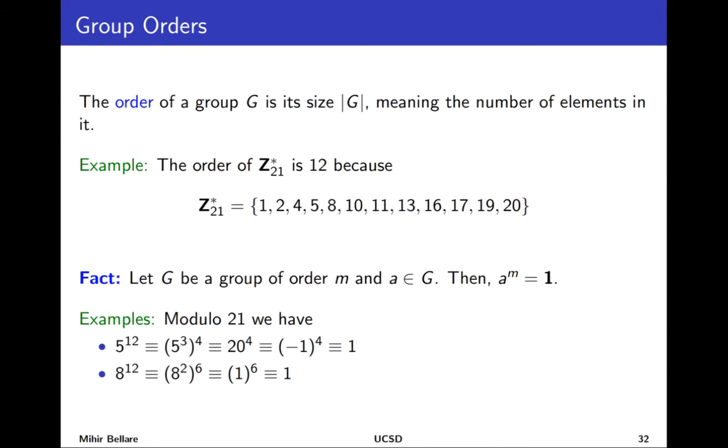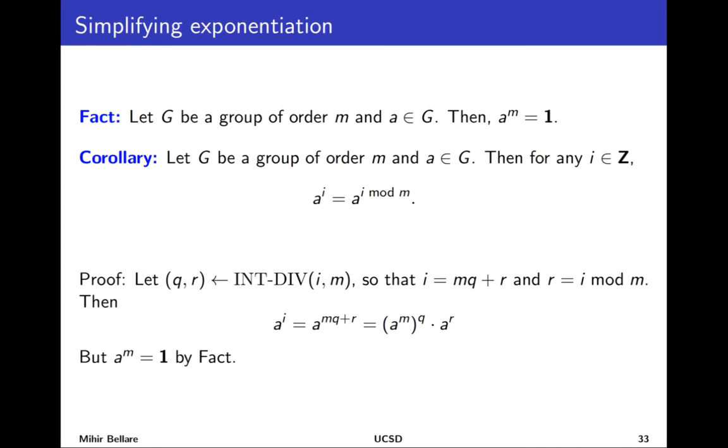A few things may be worth remembering in these computations as you go forward. Remember that the computations are done mod 21. 21 is the base because the operation of the group is multiplication mod 21. The 12 is the exponent over here. So we'll use that fact.